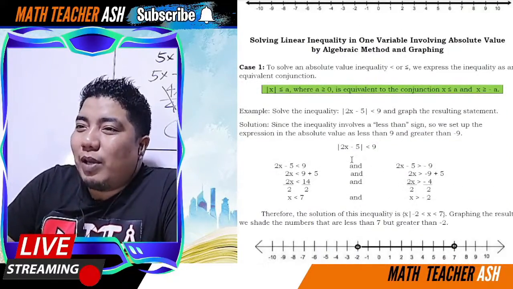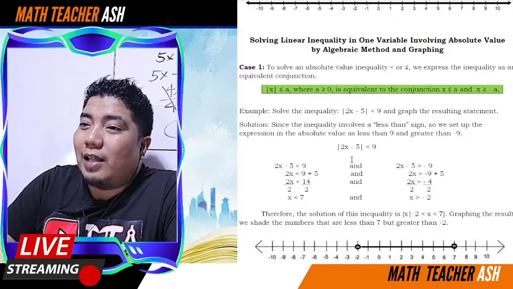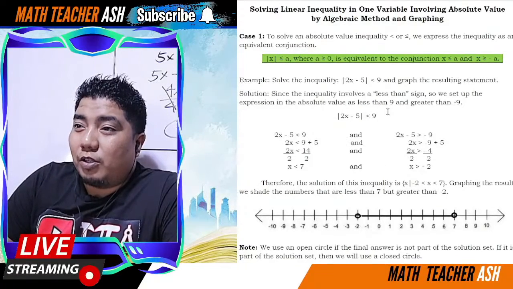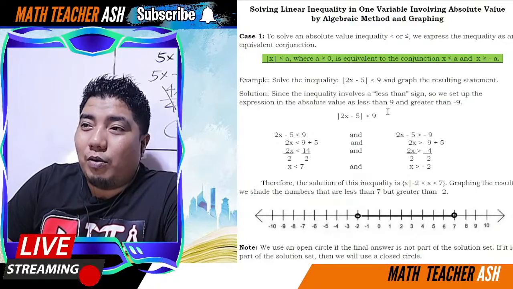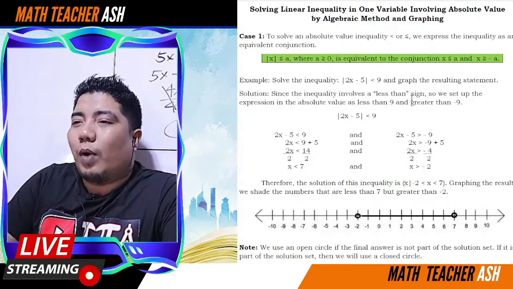Alright, now we have here solving linear inequalities involving absolute value by algebraic method and graphing. Case number 1. So meron na tayong absolute value, pero yung absolute value ay gumamit ng linear inequality.